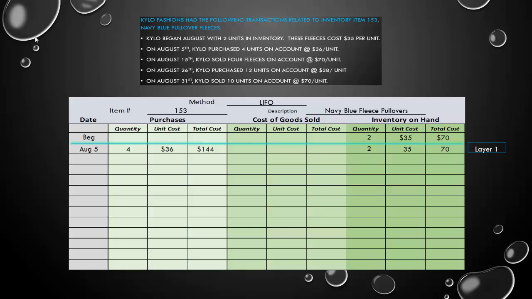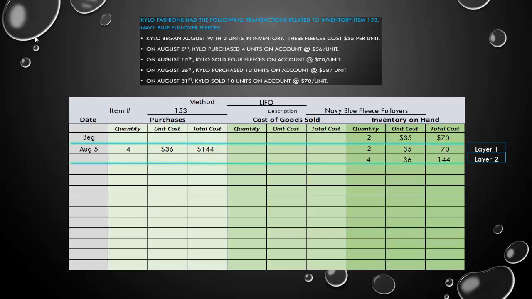That's layer 1. Then for the new units that we just purchased, because they have a different unit cost, we need to create a separate layer. So layer 2, we're going to record that we purchased 4 units at $36 apiece for a total cost of $144. And with that, we're good for August 5th.